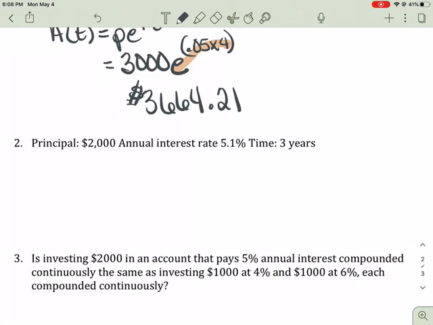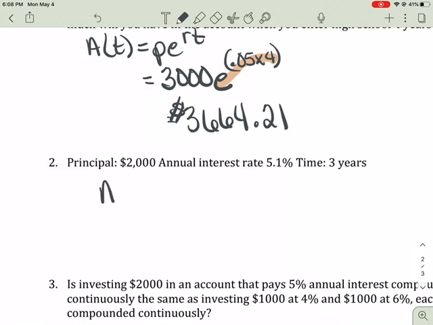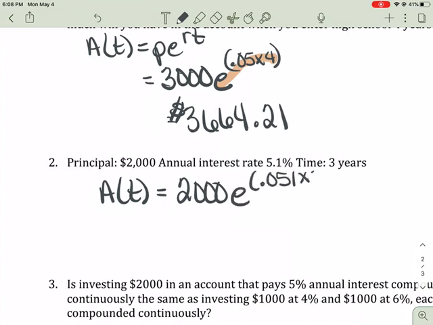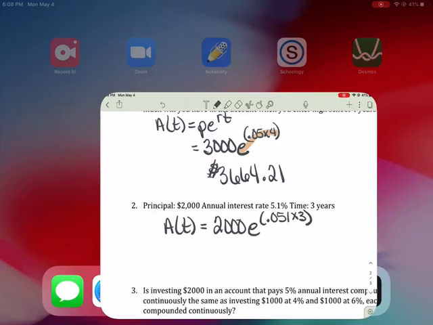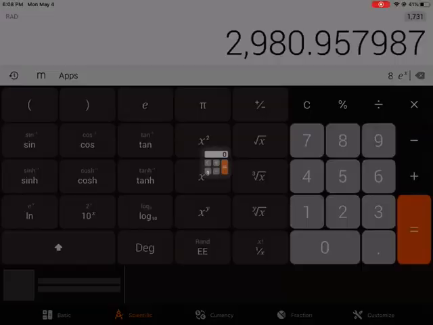All right, so this is just straight: here's how much money I have to invest, my interest rate is 5.1% and my time is 3 years. So again, we're going to use our amount after time formula. So 2,000 e to the 0.051 times 3. Okay. And if you're going to use your graphing calculator, you can put the whole thing in all at once.